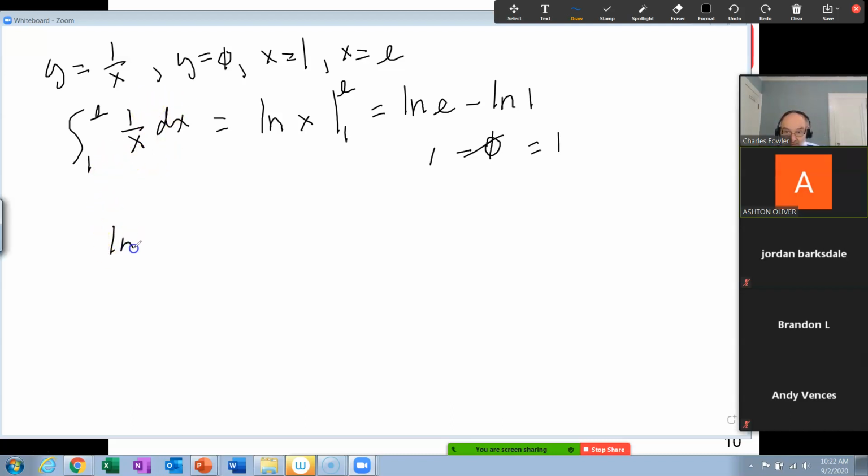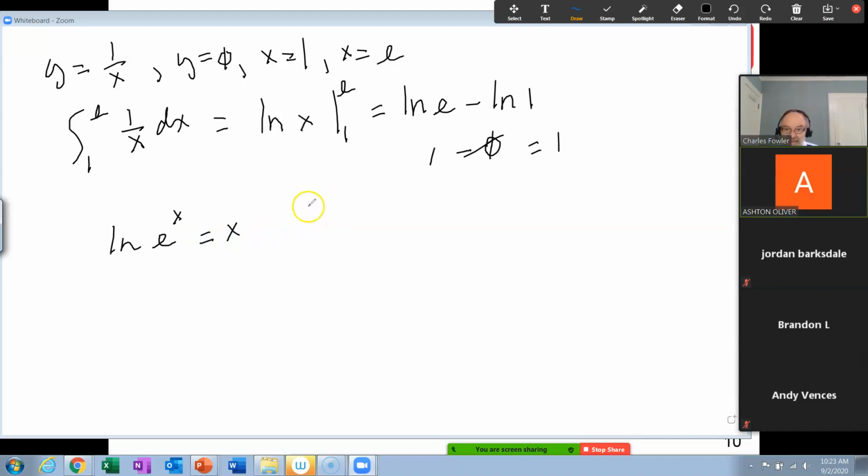The log of e to the x, because this is a natural log. If this is base 10 log, this won't work, but it's a natural log of e to the x is this, okay? It's equal to x.